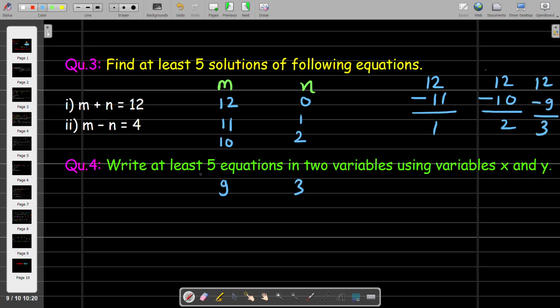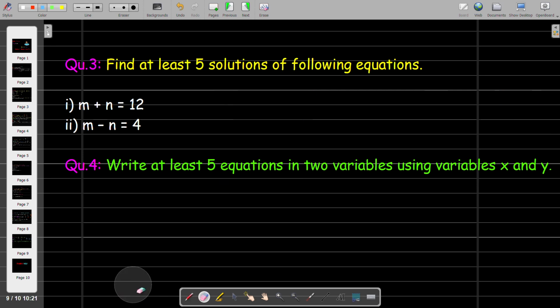In this way we find another pair of numbers, m minus n is equal to 4. So we find the values of m and n. If m is equal to 5, then to find n, we subtract 4 from the value of m. That means 5 minus 4 is equal to how much? 1. Therefore n is equal to 1.